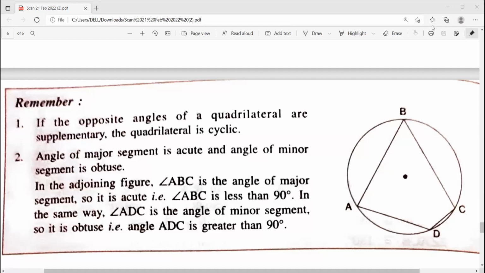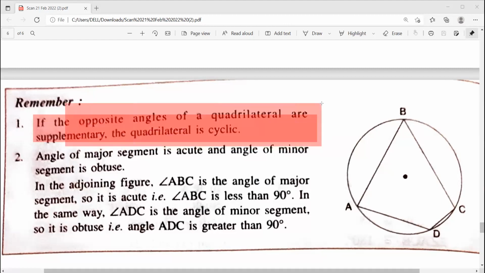Yeah, so related to the same theorem about the cyclic quadrilateral, we have two more important statements. Let us read them and understand them too. See, here we have, if the opposite angles of a quadrilateral are supplementary, the quadrilateral is a cyclic quadrilateral. So basically this is the converse of the above statement.